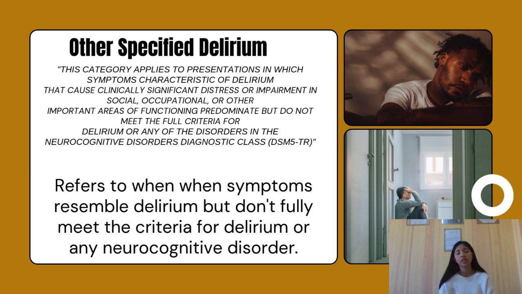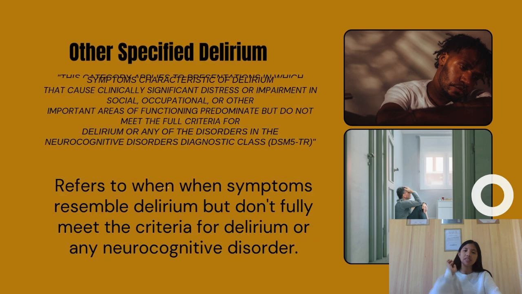This other specified delirium, by the way, is in the DSM-5-TR, but that is in the ICD-11. So what this statement means is that when we say other specified delirium, it refers to when the symptoms resemble delirium but do not fully meet the criteria for delirium or any neurocognitive disorder.